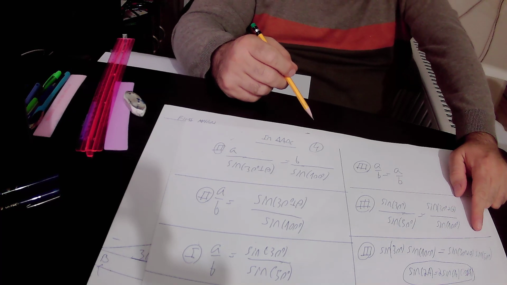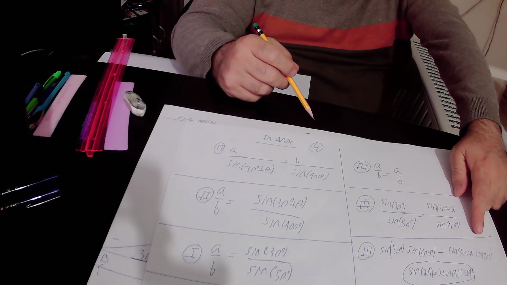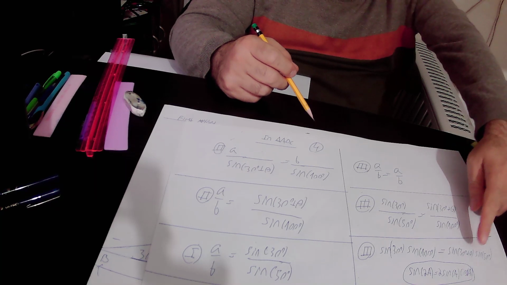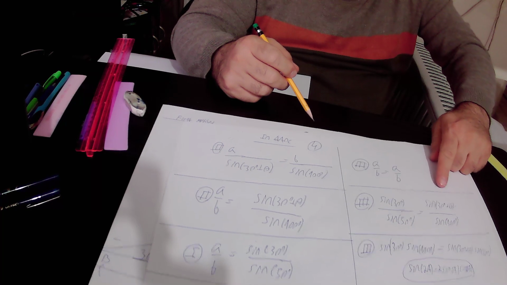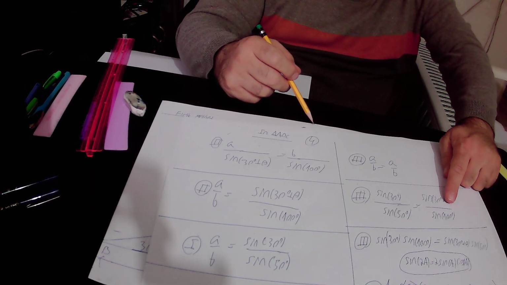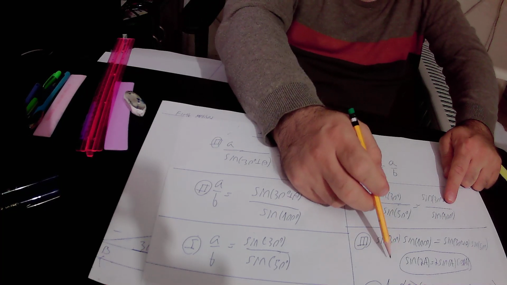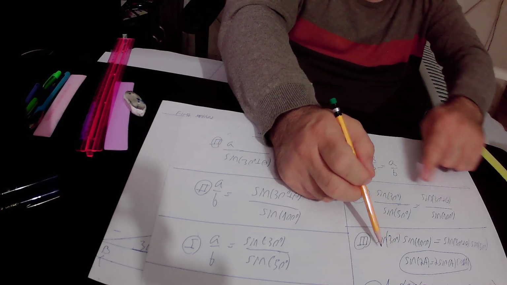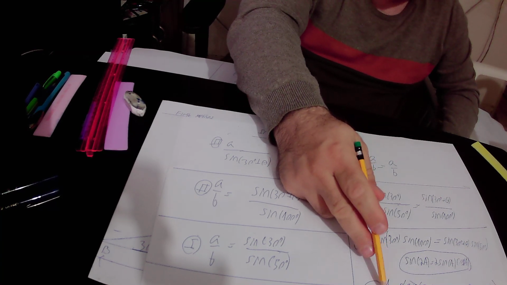We use the trigonometric identity that states that sine 2a equals 2 sine a cosine a in order to find out the value of sine 100 degrees. Here we have sine 30 degrees is 1 over 2.